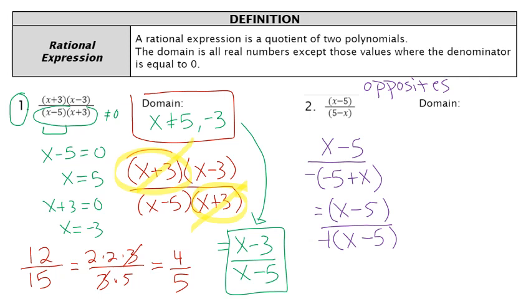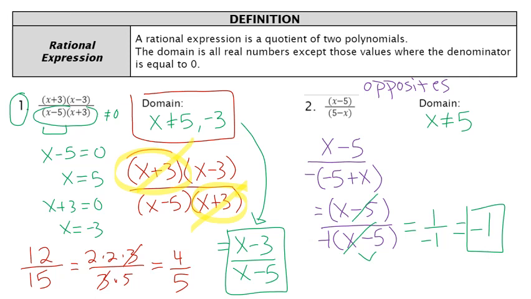And so what happens is I can now find my domain. Before, I could have found the domain too, but now the opposite of this is 5. So I don't want a 5 for x. And this cancels or simplifies out. And so I'm just left with 1 over negative 1, or negative 1. So my final answer for that is negative 1.